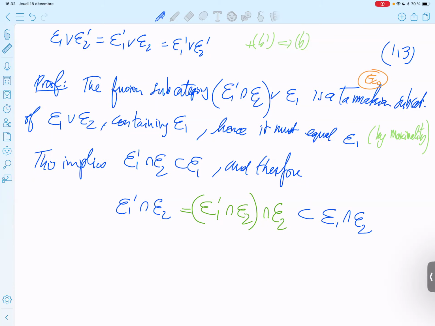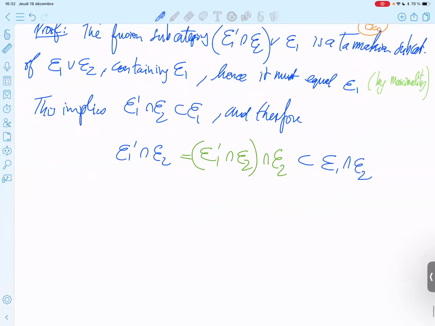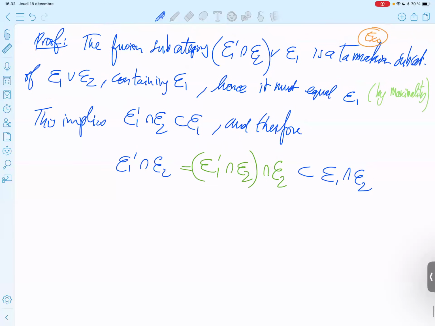Now, similarly, you have the inclusion for, so wait. So you have this inclusion. No, I guess we can directly show it is an equality, and therefore you have E1 prime intersection equal E1 intersection.